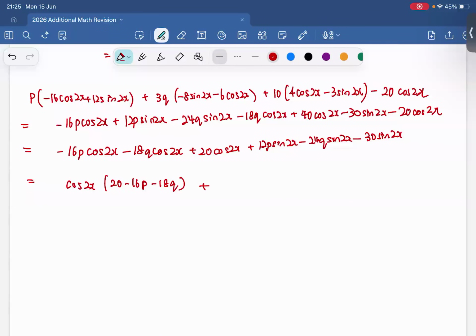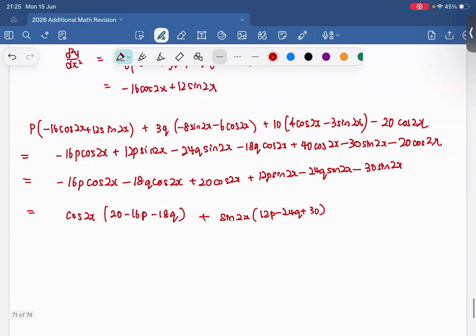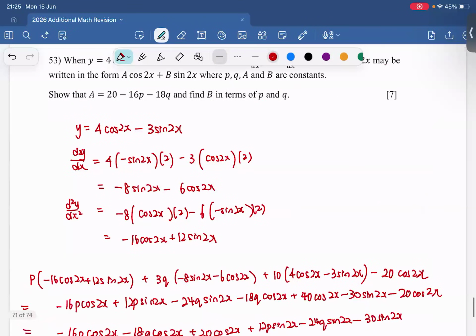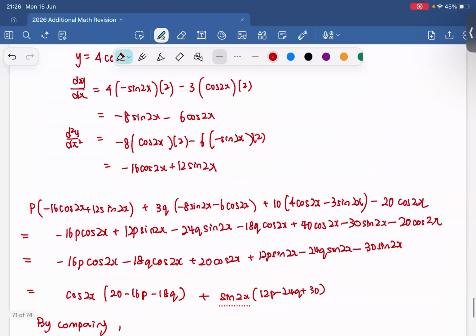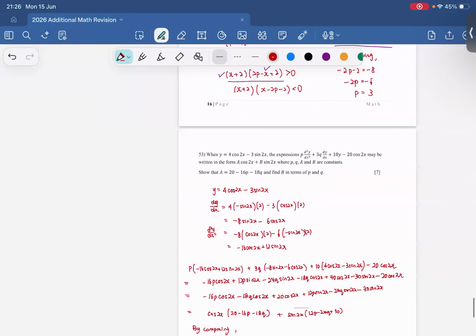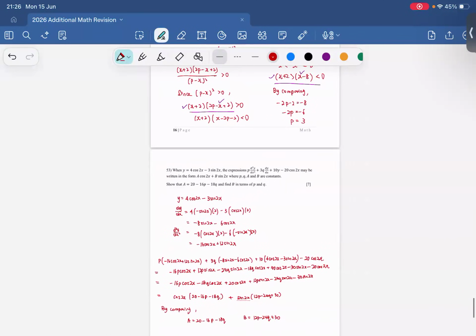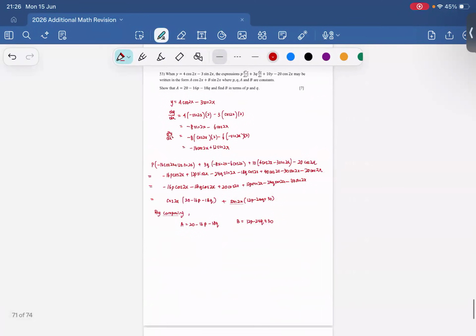Then you take out sine 2x. Express b in terms of p and q. So by comparing, I know A is equal to 20 minus 16p minus 18q, and b equals 12p minus 24q plus 30. Okay, any questions so far?